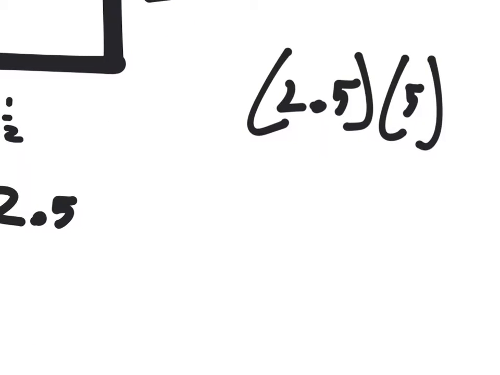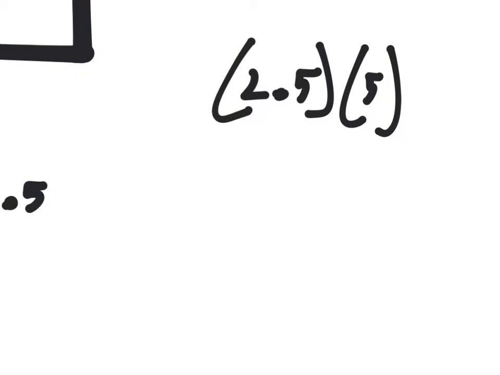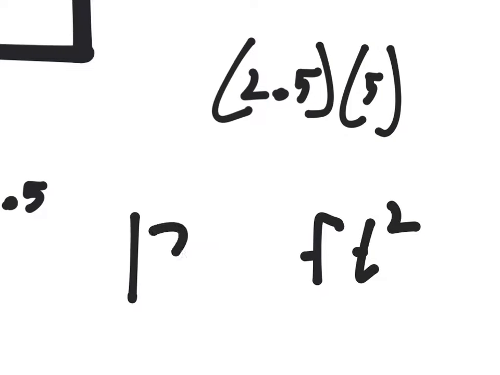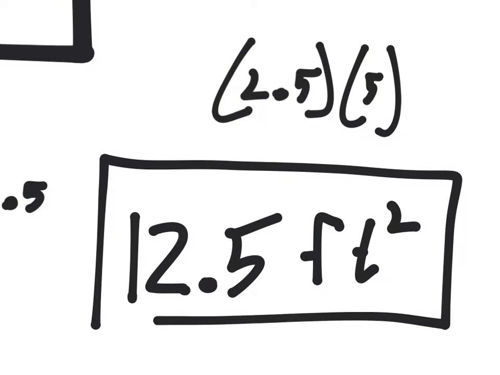All right, and go ahead and get used to the concept of when I'm dealing with area, we're going to want our answer in feet squared, square feet. When I multiply the 2.5 and the 5 together, we get our area of 12.5 feet squared is the area of that banner.